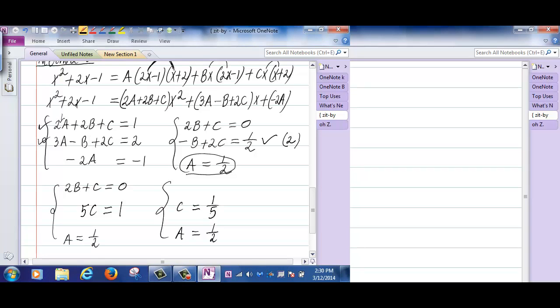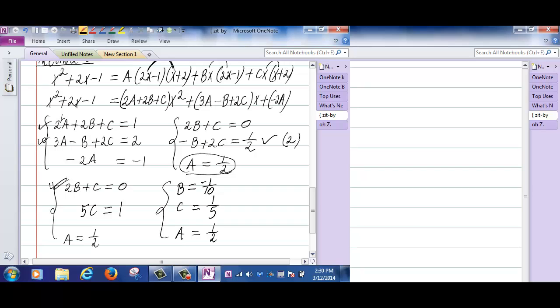And now I can plug in the value of C in the first one in order to obtain B to be what? Negative 1/10. Again, I didn't show you the details of that, but you can imagine you can plug in 1/5 for C in the first equation here. You plug in C to be 1/5, and then you can solve for B.